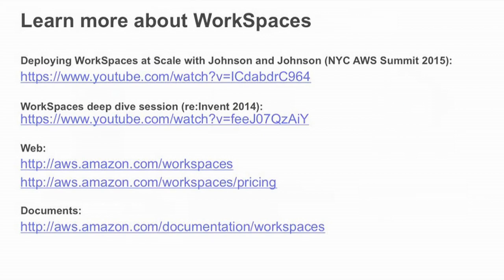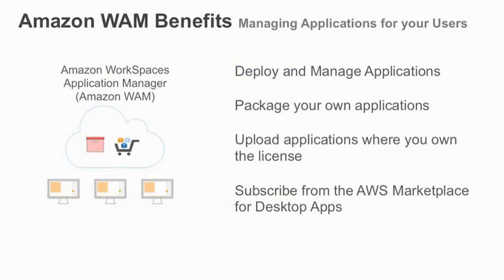Do look at these links to learn more about how to first set up workspaces and scale them in your organization. The rest of the discussion, I'll focus on Amazon WAM and go through a demo of the service.